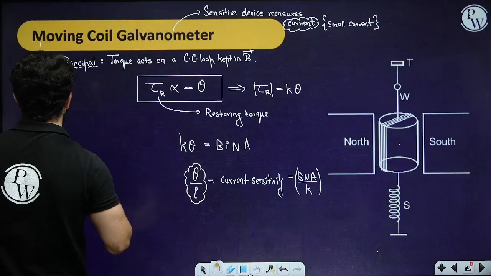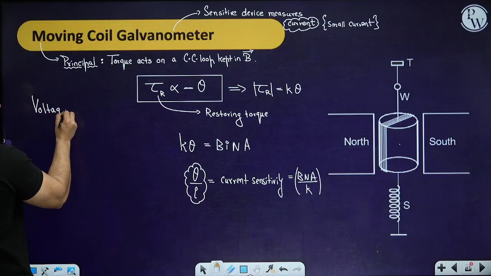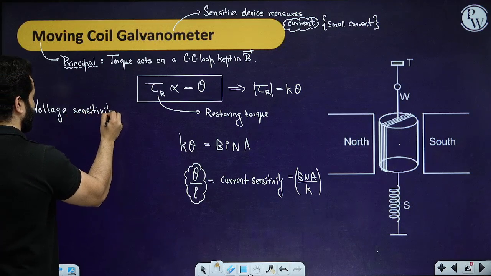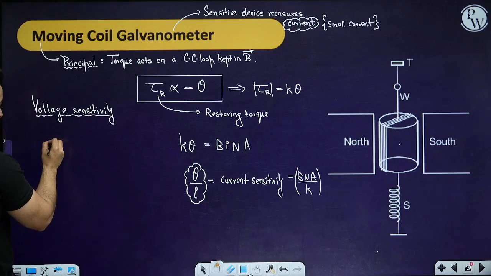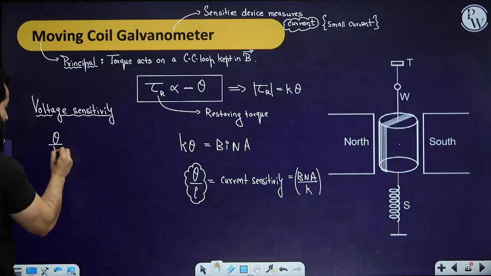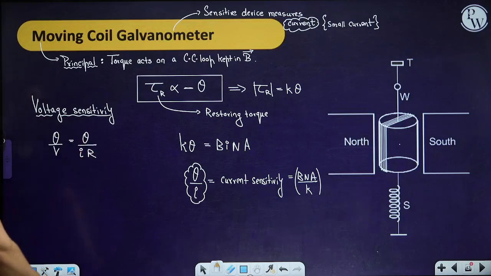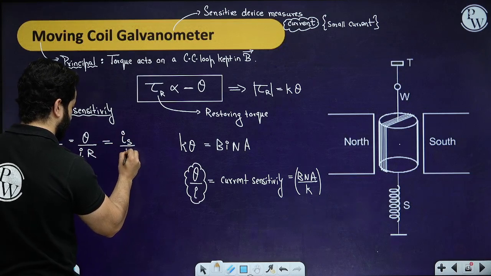And again we have something known as voltage sensitivity. So voltage sensitivity is basically theta upon V, or theta upon I into R. This can again be written as current sensitivity divided by R.